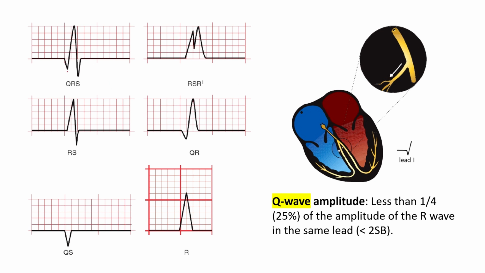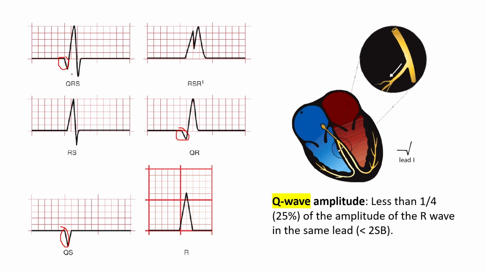Now again, before talking about the vector of the QRS complex, the vector of ventricular depolarization, I want to talk about some formats of the QRS complex that can be present. Remember, after the P wave and the AV straight line, anything that comes as a negative deflection is called a Q wave. The first negative deflection is always called a Q wave. This is negative, Q wave. This is negative, and the beginning is a Q wave here as well.